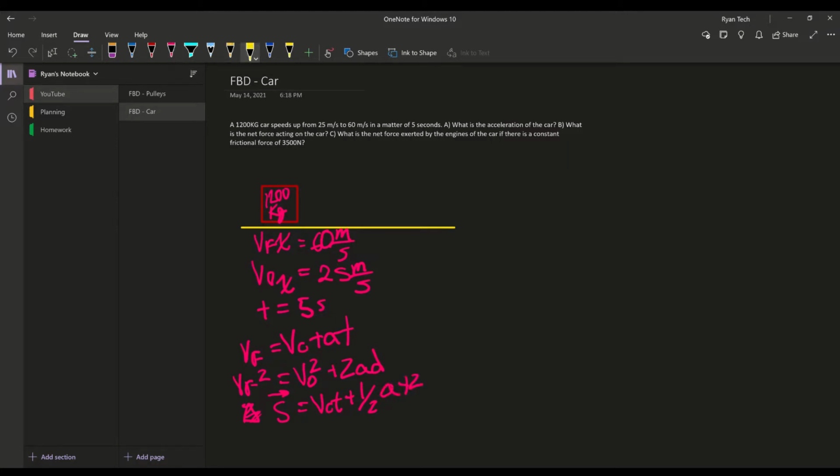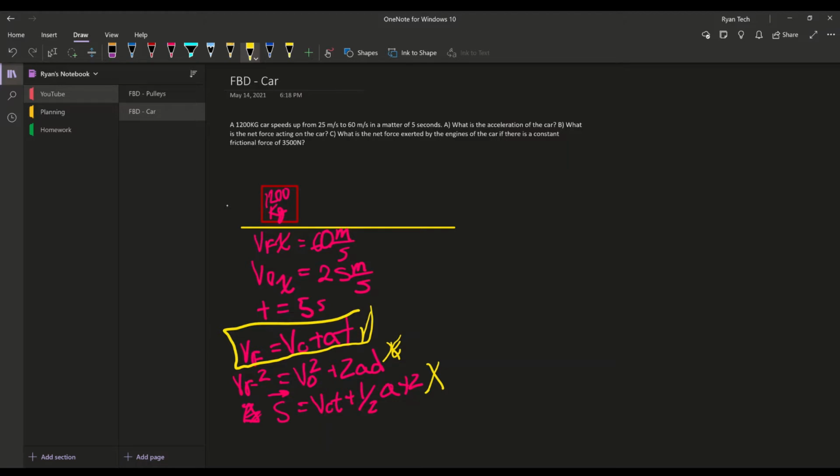Once testing all of these out, you'll realize that the others don't quite work, but the first one, V final is equal to V initial plus AT, does work. Okay, with that, let's use the formula.